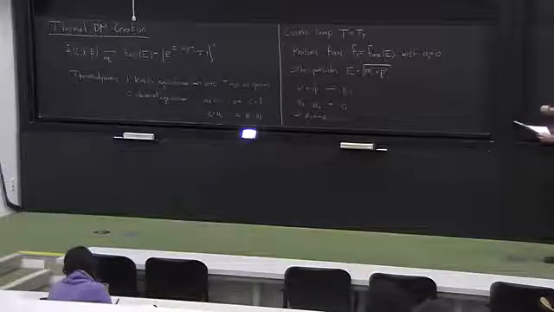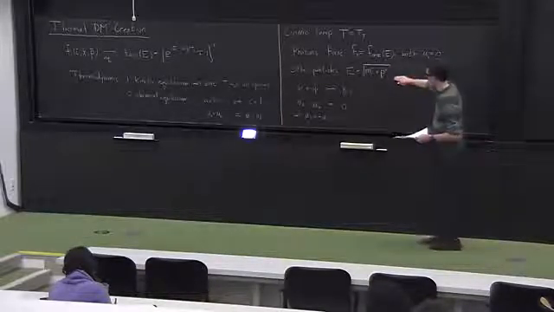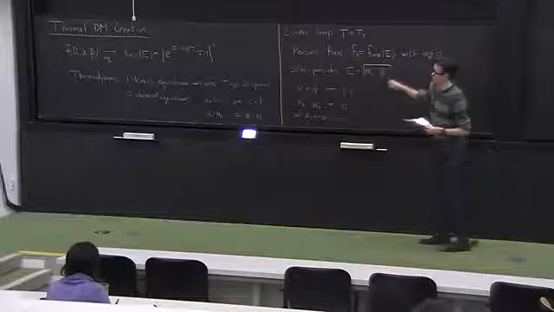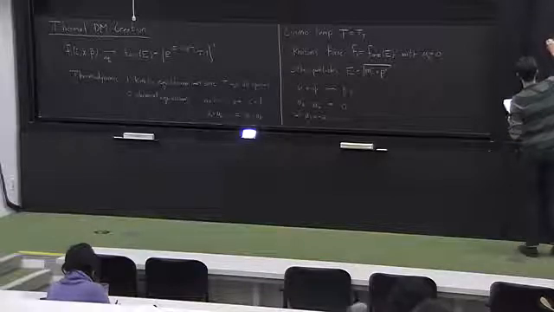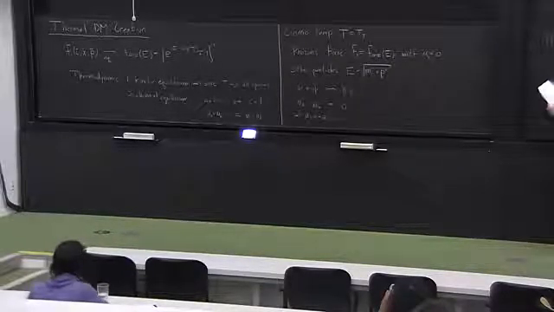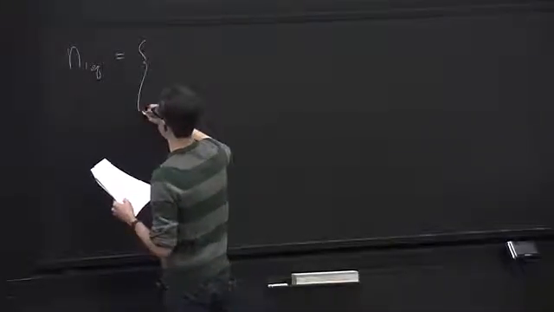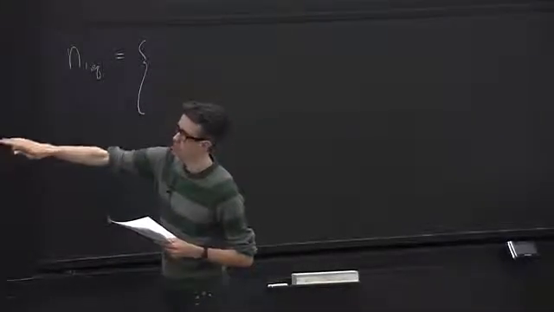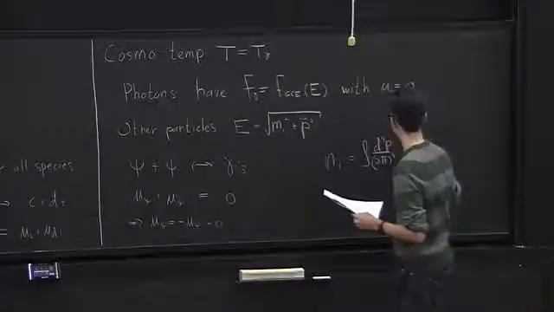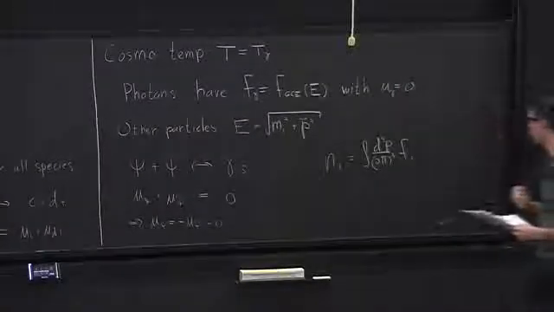So the upshot of this is now that I know what my so-called dispersion relation is, my relationship between the momentum and the energy, and I know what the equilibrium distributions are, I can write down what the number density is of a particle species in equilibrium. So for a particle species in equilibrium, I plug this energy relation into that grand canonical ensemble, and, remember, for the number density, I take d3p over 2 pi cubed times the distribution function.